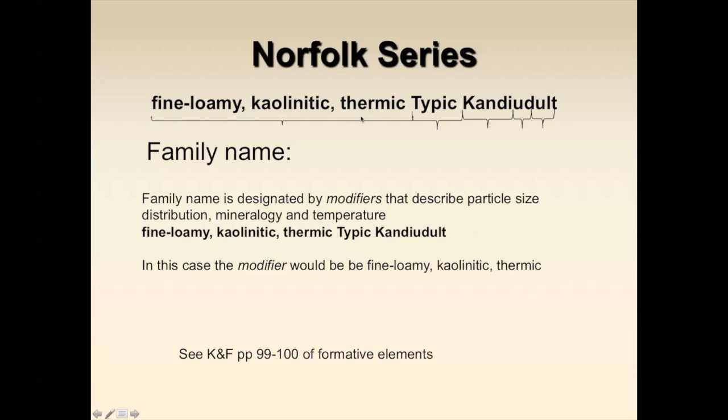Now you're starting to look at the family name over here. We're at the 6th. So it's 1, 2, 3, 4, 5. This is your family name. It's designated by modifiers that describe particle size, distribution, minerality, temperature, and also how this soil may respond to management.